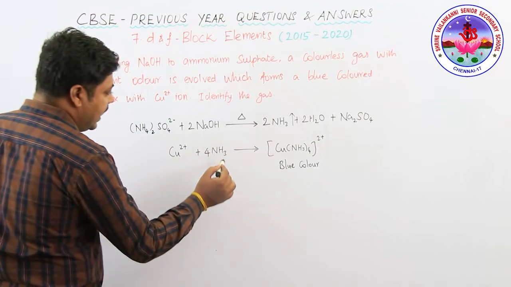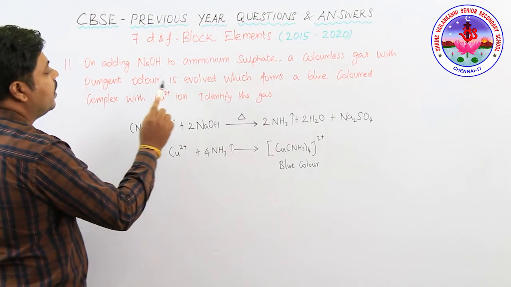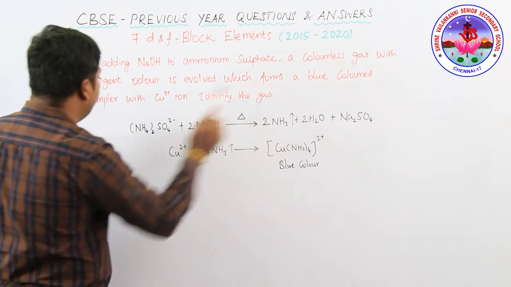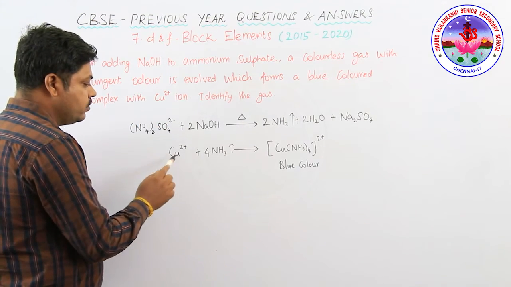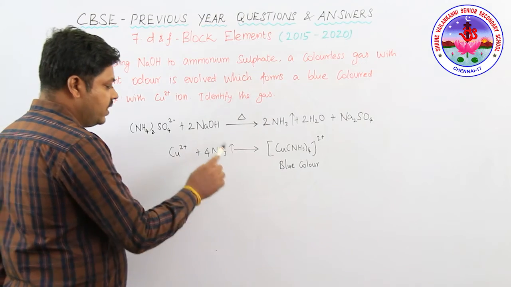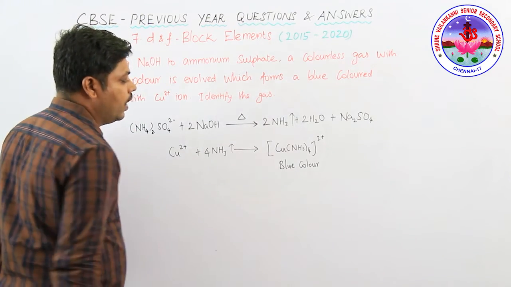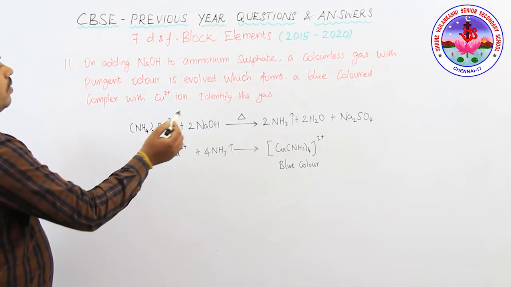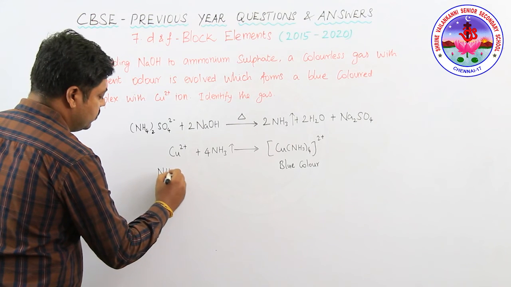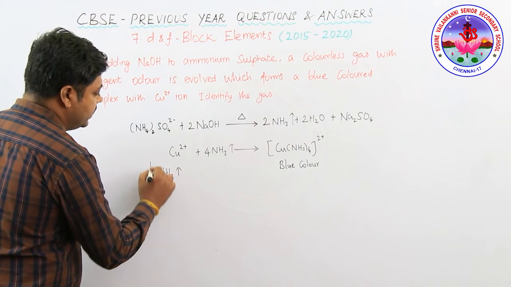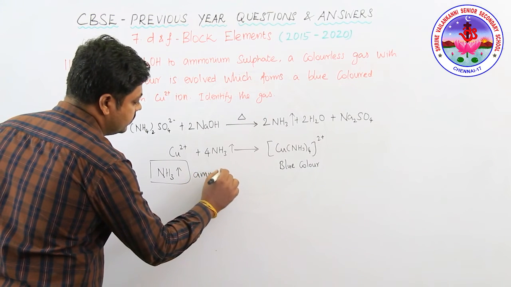That gas reacts with the Cu2 plus ion, here copper sulfate, to form a blue colored complex. So the gas is ammonia. The answer is ammonia gas.